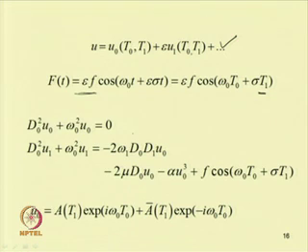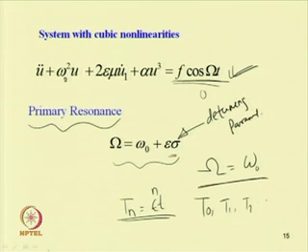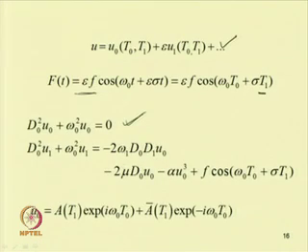one can get these equations. So, this is epsilon to the power 0. This equation becomes D 0 square u 0 plus omega 0 square u 0 equal to 0, and the second equation, at epsilon to the power 1, becomes D 0 square u 1 plus omega 0 square u 1 equal to minus 2 omega 0 D 0 D 1 u 0 minus 2 mu D 0 u 0 minus alpha u 0 cube plus f cos of omega 0 T 0 plus sigma T 1.